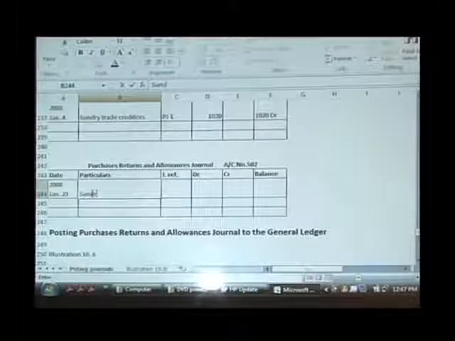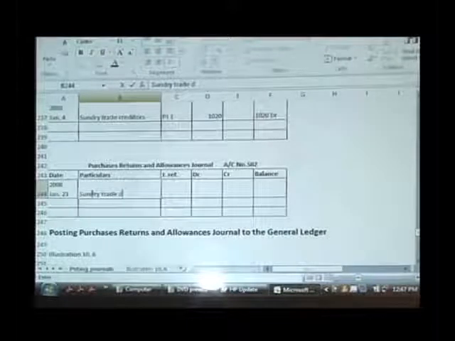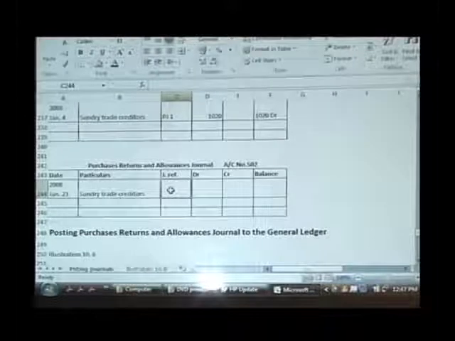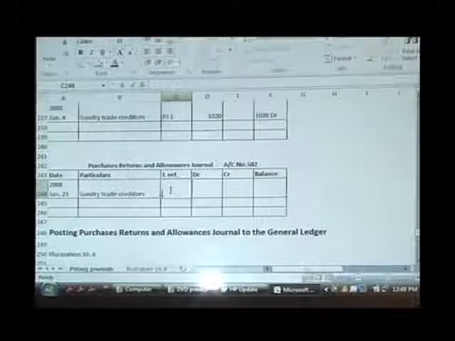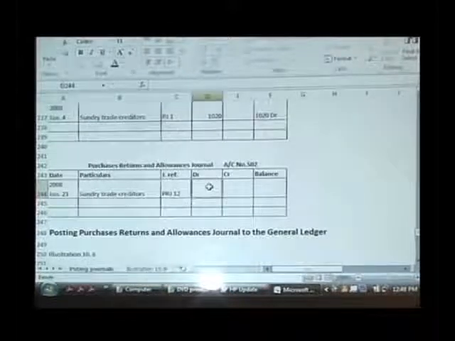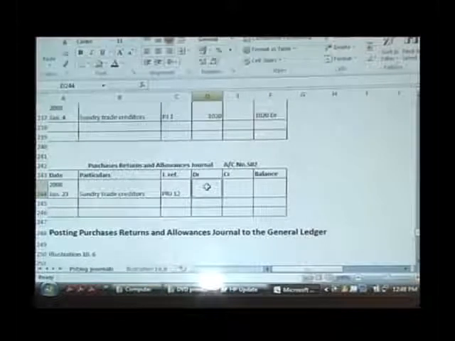Sundry trade creditors, PRJ, purchases returns journal, page number 12. Purchases returns and allowances journal.